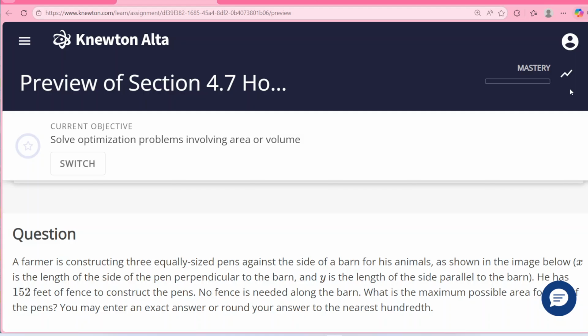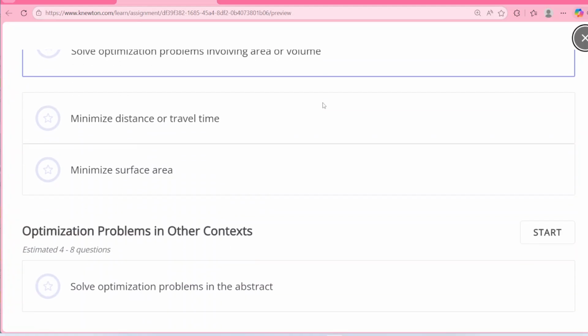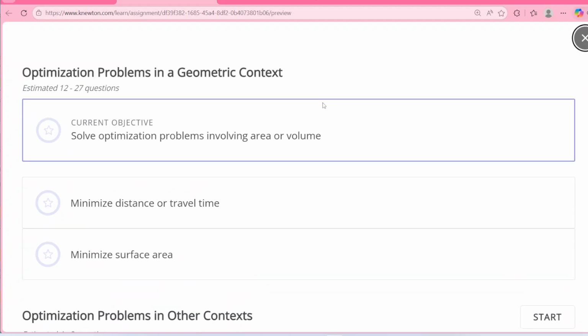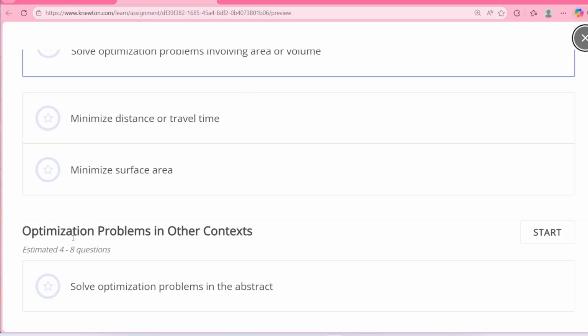Next to that, an activity log, which shows you all the objectives in the assignment. This one has 4 objectives broken up into 2 headings: optimization problems in a geometric context, and optimization problems in other contexts.